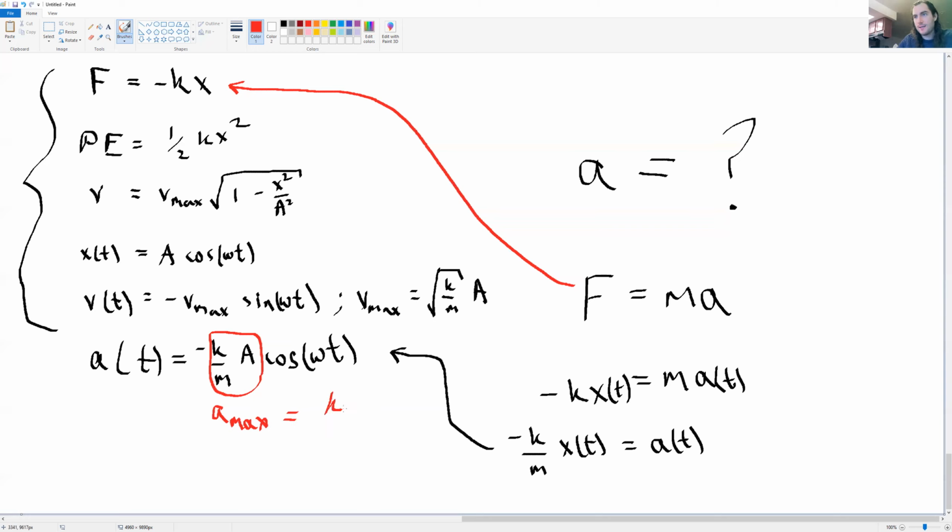So a max is k over m times A. Okay? That completes our discussion of the simple harmonic oscillator theory in terms of a mass on a spring.